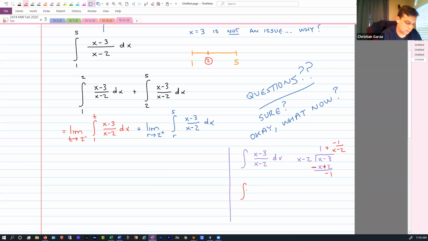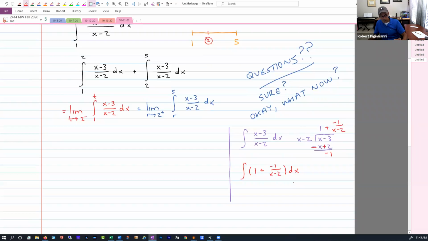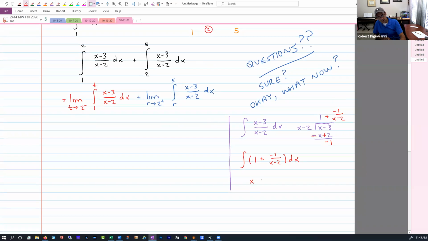Good. And you do not need to do any more work, right? You can do the antiderivative of each of those. The antiderivative of 1 is x. I'll bring that minus there, and that's a constant over linear, so natural log of absolute value of x minus 2 plus c. So that's our antiderivative over here.